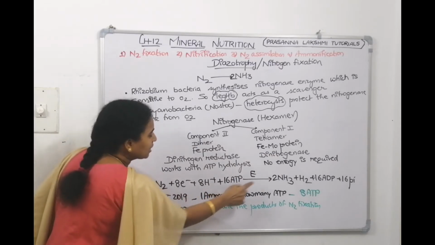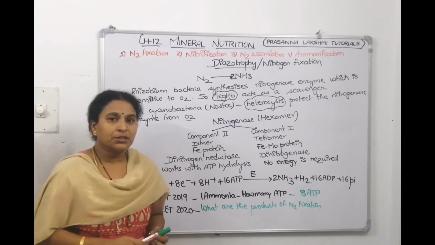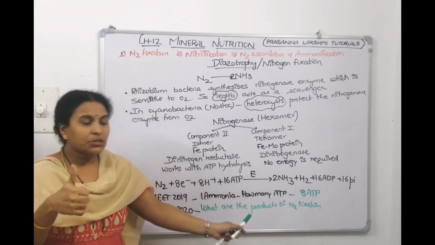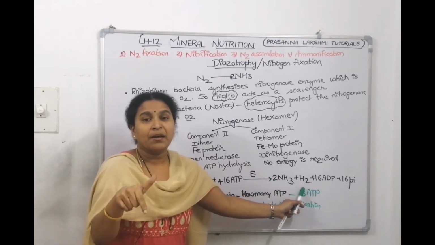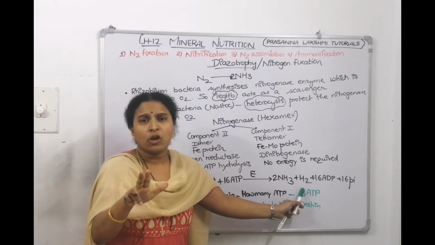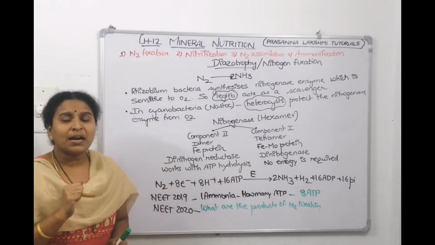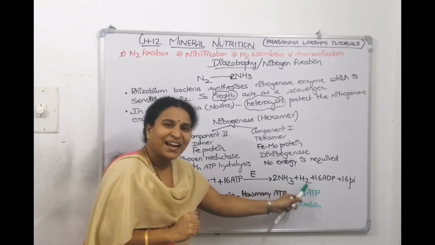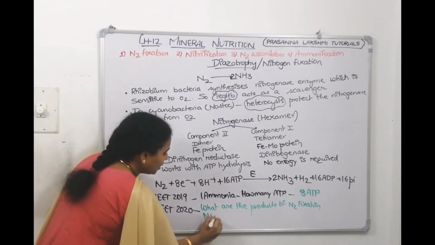First option they gave ammonia only. Second option, ammonia and hydrogen. Third option, nitrite. Fourth option, nitrate. What is the answer? The products are ammonia with hydrogen. That is the answer. NEET 2020, this was the question.